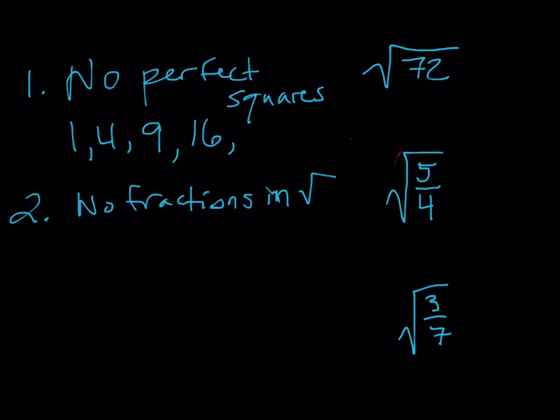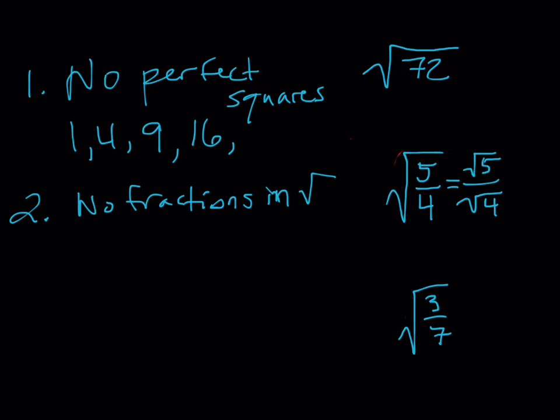So the way to deal with this is to break this up. We have a quotient rule for square roots, and it basically says that the square root of a fraction is the same thing as the square root of the numerator divided by the square root of the denominator. Okay, so now we have square roots in a fraction instead of a fraction in a square root. And then we would just see what we can do to simplify each of those square roots.